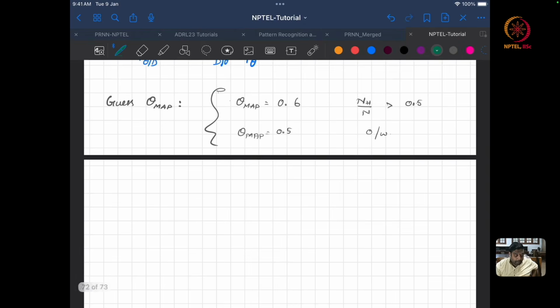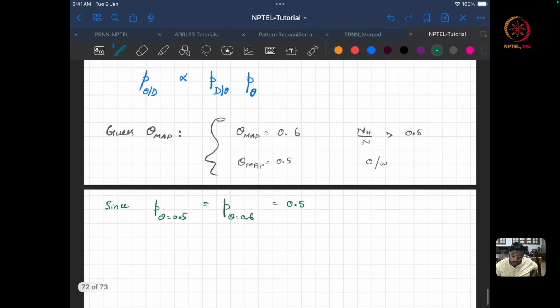Since I have P of theta equal to 0.5 equals P of theta equal to 0.6 equals 0.5, what is it that you want to compare?